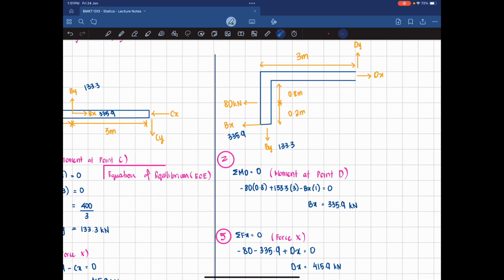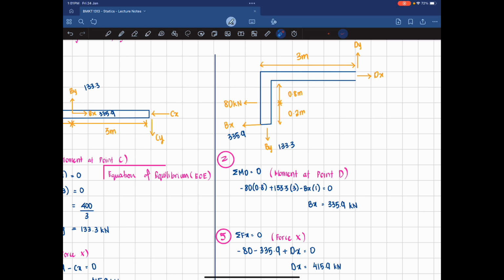In this diagram, we are taking the moment at point D because there are two unknowns. So you have to put in the value for By and the 80 kilonewton. For the 80 kilonewton, the distance is 0.8 meter because we take the perpendicular distance.